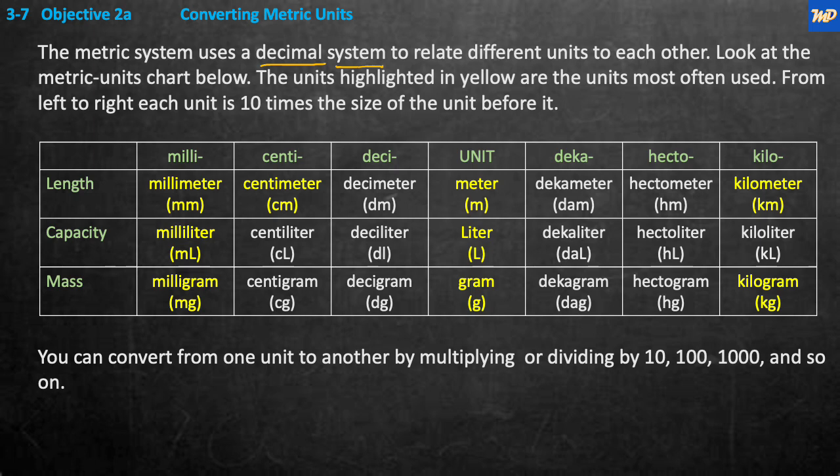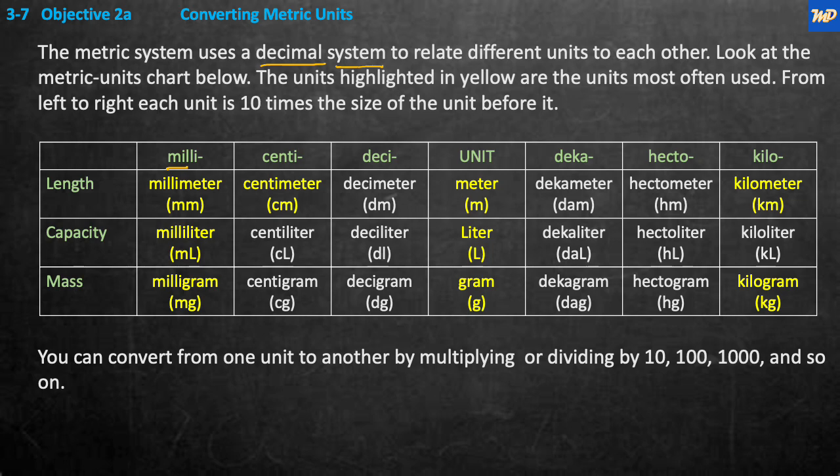Milli, M-I-L-L-I, stands for 1,000th. So a millimeter is a 1,000th of a meter. You take a meter and divide it into 1,000 pieces, and that's what a millimeter is. So now we're going to go to a centimeter to the right.